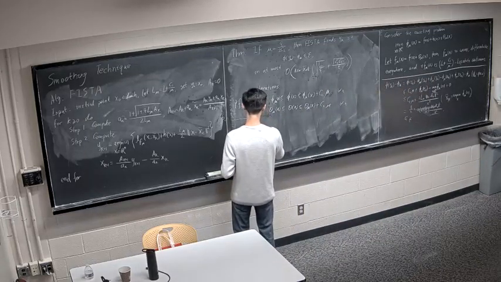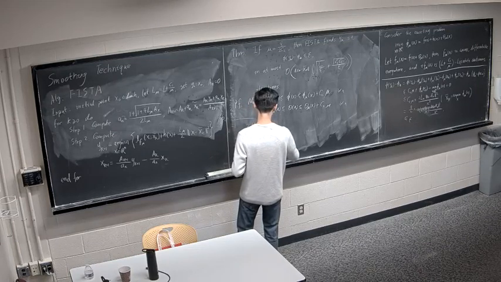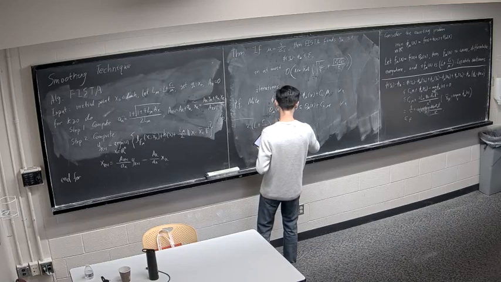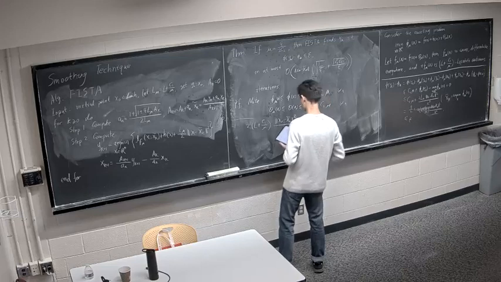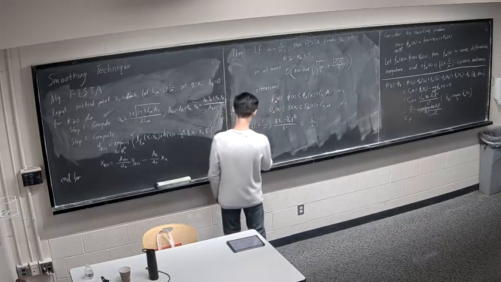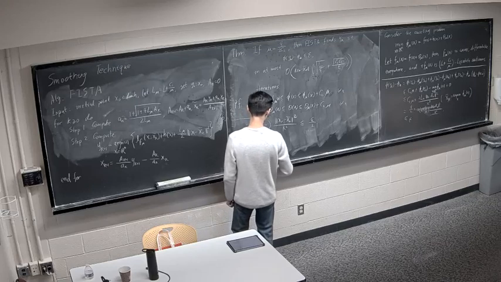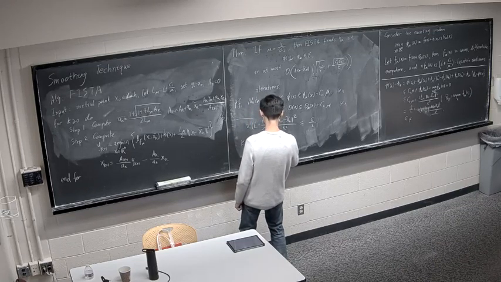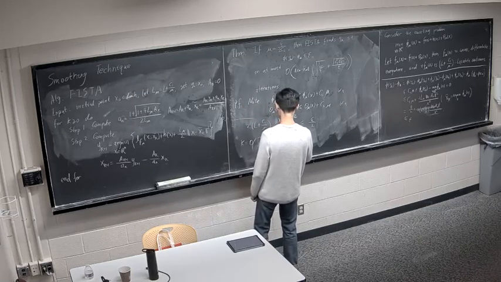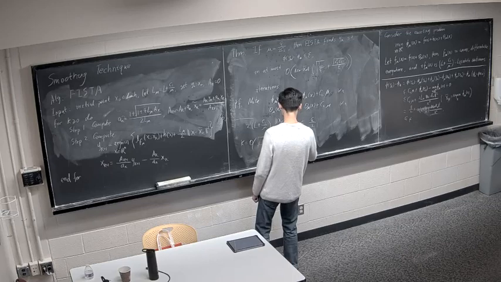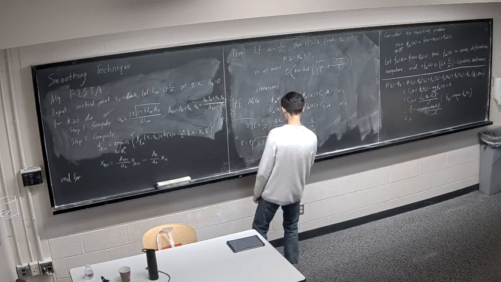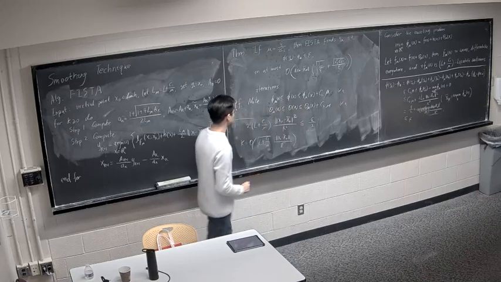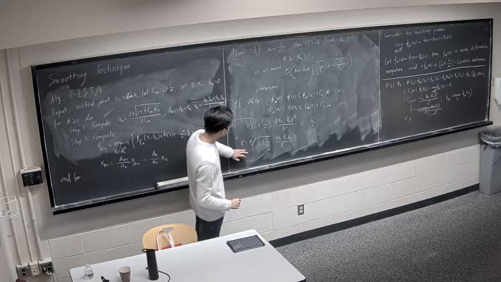So our goal is to bound 2 times... From this inequality, we can derive the order of k.